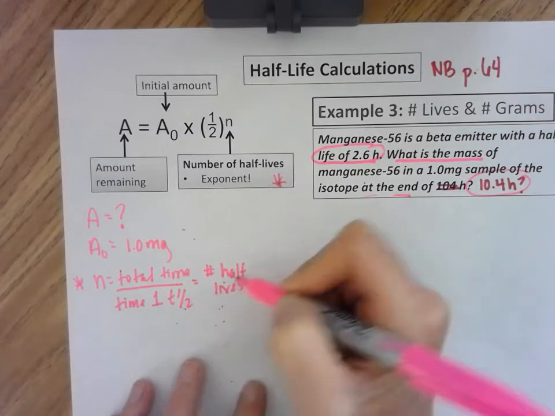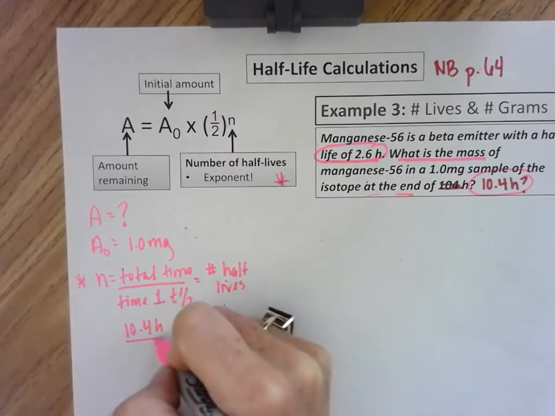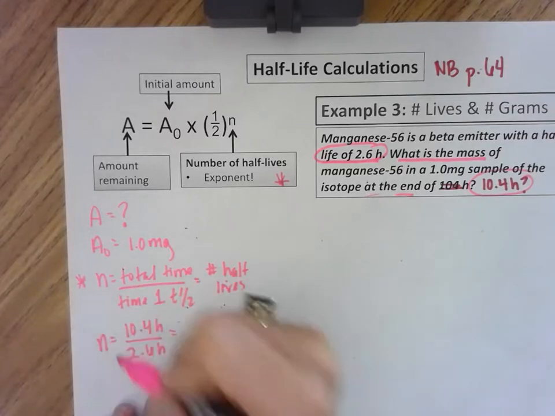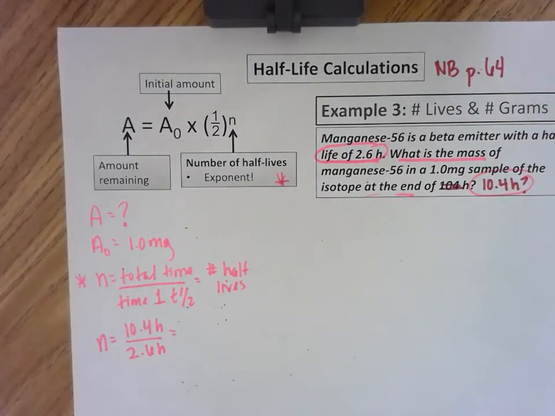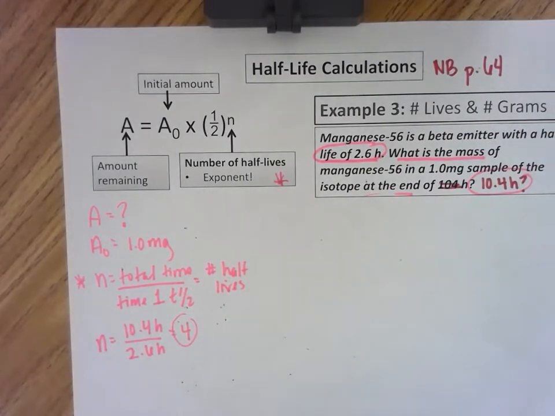So in this case, I'm going to do 10.4 hours divided by 2.6 hours. So here's my N. 10.4 divided by 2.6, and I get 4. All right? That's very often an additional step that needs to occur.